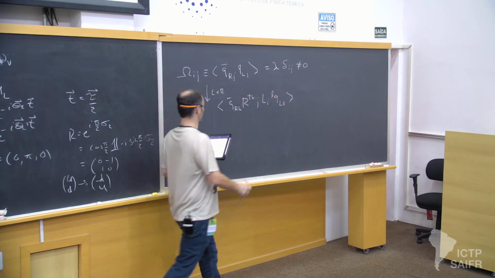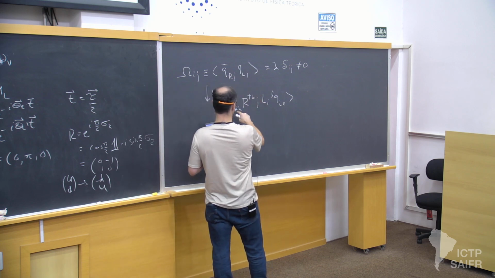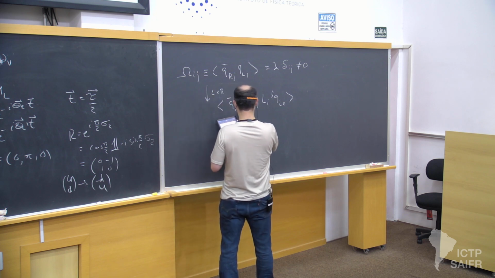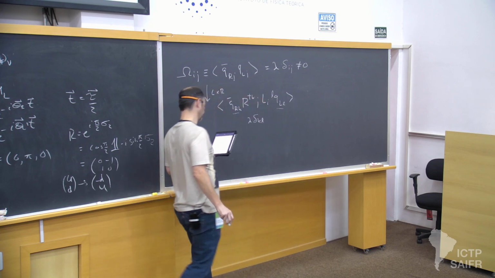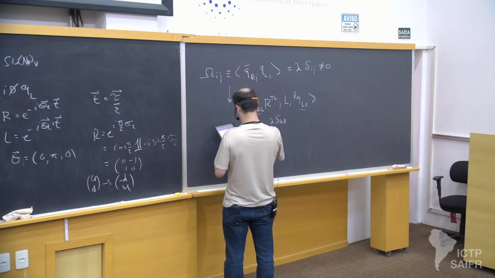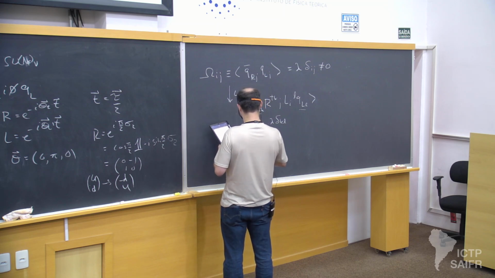But then I can take these left-right matrices outside, and the vacuum expectation value is just going to be, if I take this piece and this piece, lambda delta KL. And so this is going to be R dagger KJ L IK lambda, or you can write that as just a matrix.